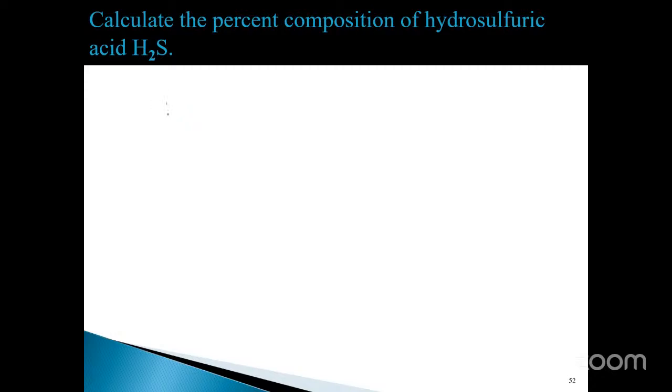So the first thing you have to do is find the molar mass of hydrogen sulfide, and that would be equal to 2 times 1.008 grams per mole. That's for the hydrogen, and then you add that to the molar mass of sulfur, which is 32.07 grams per mole. And we do the calculation, 2 times 1.008 plus 32.07.